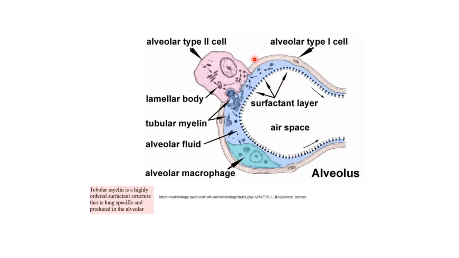Here we are, a structure of the alveolus showing alveolar type 2 cell. Notice this cell has different morphology to this end to this end. Here, the type that is facing the inner surface, the alveolar airspace, tubular myelin is being secreted, that is the surfactant.